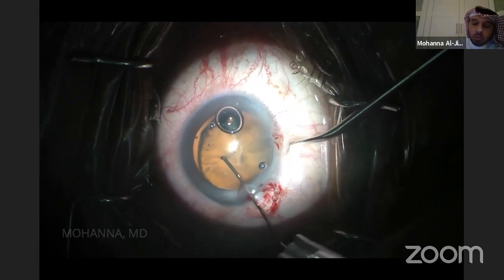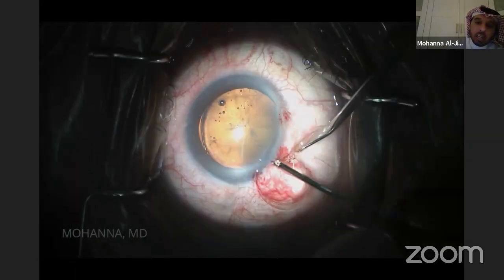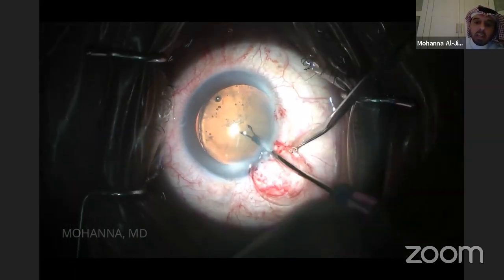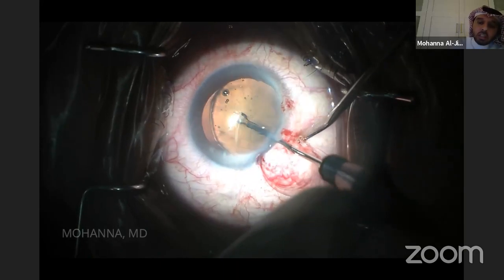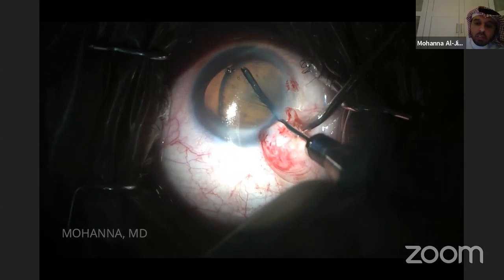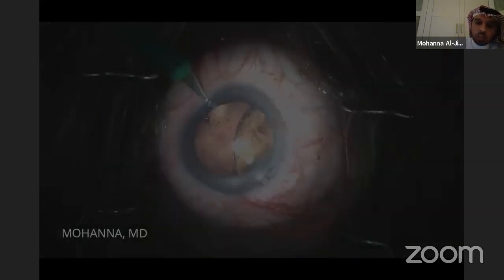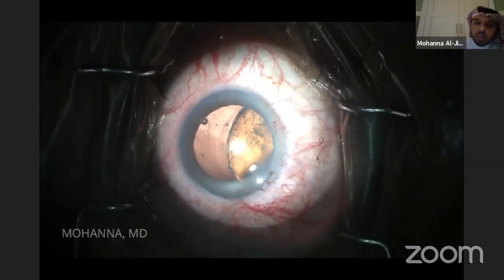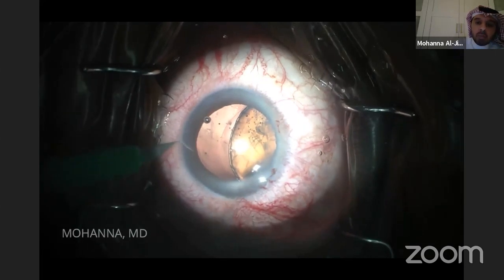So with the aid of scleral indentation, I created a puncture using a cystotome. Then I initiated my capsulorhexis, and as you can see, it was very difficult, and that's why I stopped and created a few paracenteses at the area of weak zonules.